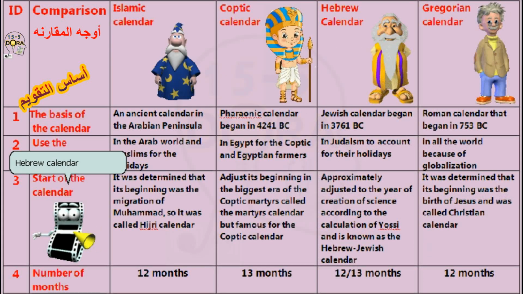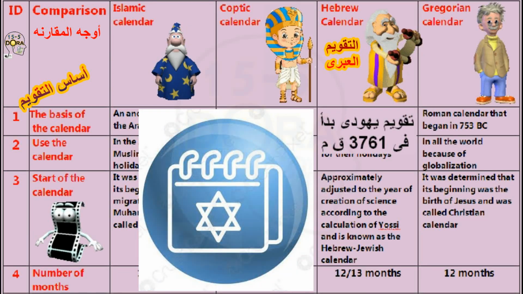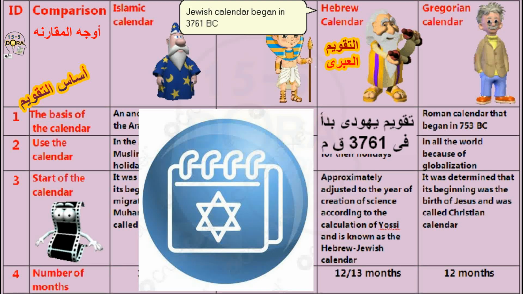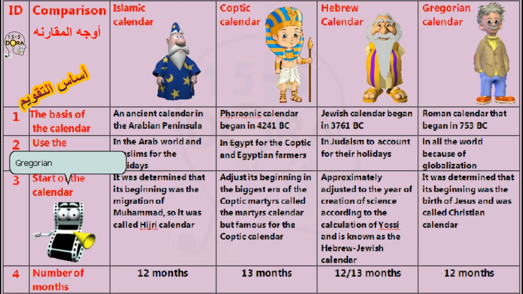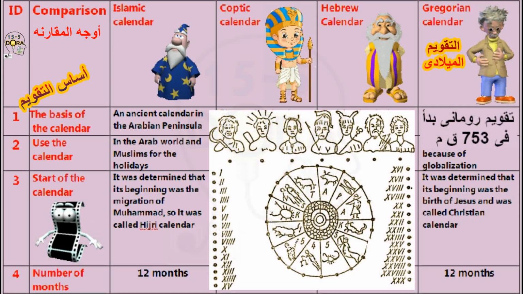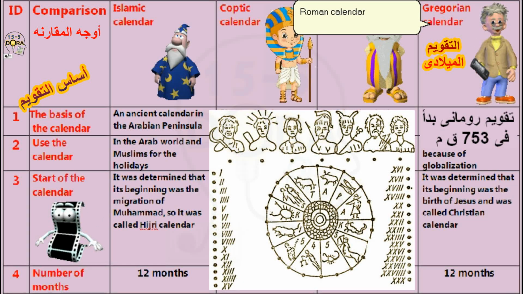Hebrew calendar: the Jewish calendar, which began in 3761 BC. Gregorian calendar: the Roman calendar, which began in 753 BC.